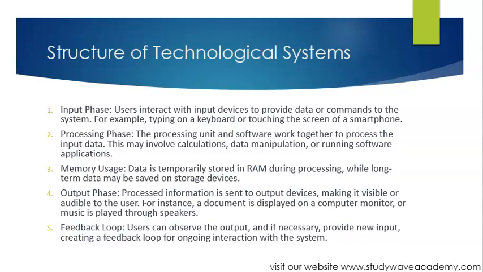The input devices and the output devices working together. The input devices collect data, the processing unit processes it, then the software directs the operation, and the output devices present the results to the user.